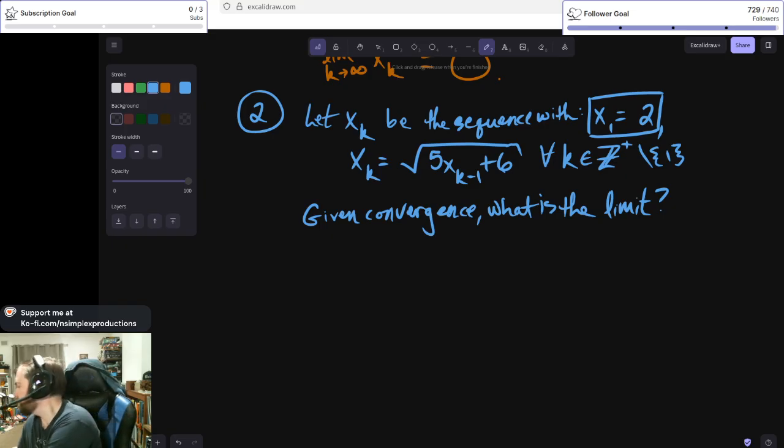All right. So given convergence, what is the limit? Here we want to say, all right, we're starting with a value of 2 in there.